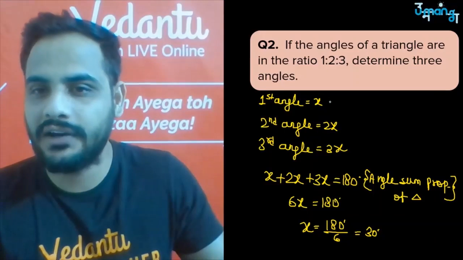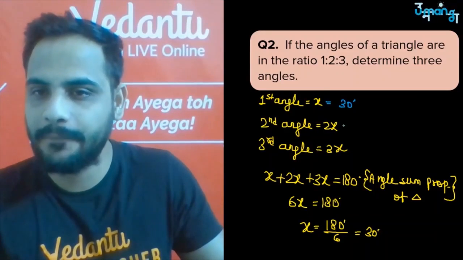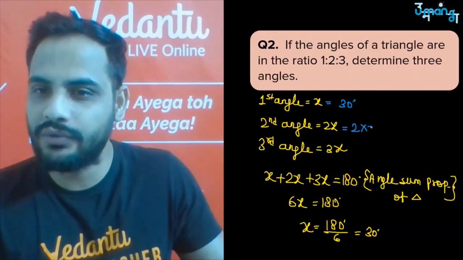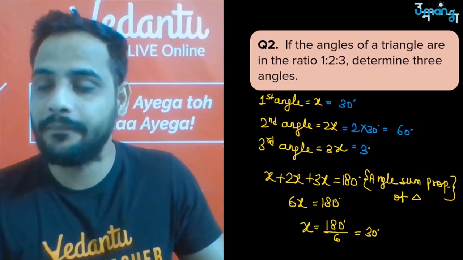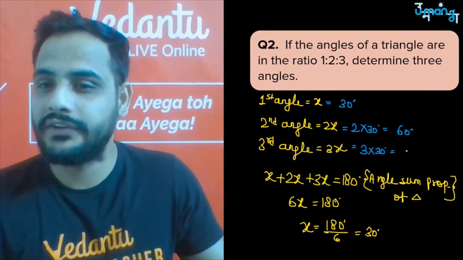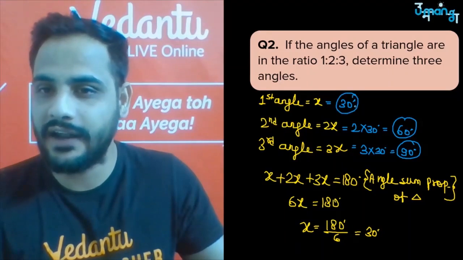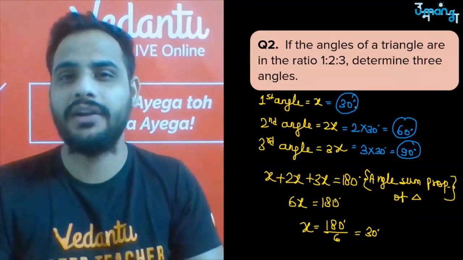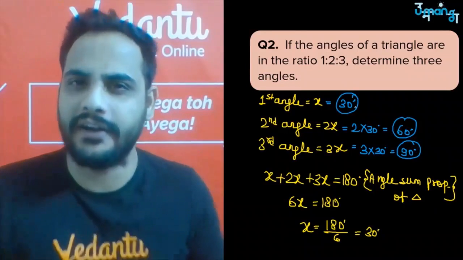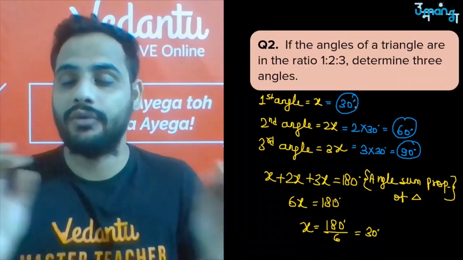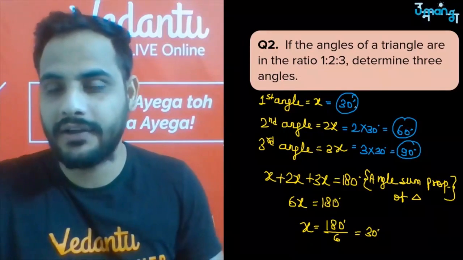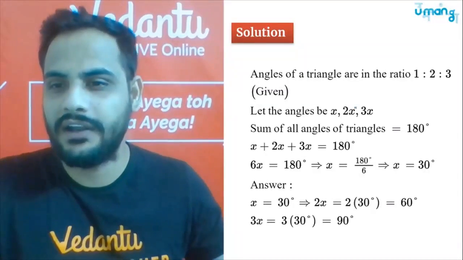So x is 30, so the first angle will become 30 degree, the second angle will become 2 into 30, which means 60 degree, and the third angle will become 3 into 30, which is 90 degree. You can see all the three angles, 30, 60 and 90. If you add them all, the sum is again 180 degree. Sum is always 180 degree for the interior angles of a triangle.